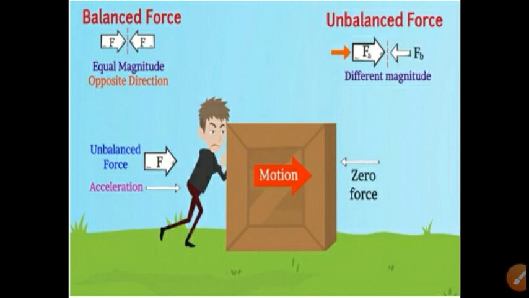That is, if two forces have different magnitudes, the body starts to move in the direction of the greater force. Such forces are known as unbalanced forces. Unbalanced forces are forces having different magnitudes. In the case of unbalanced forces, the body moves in the direction of the greater force.